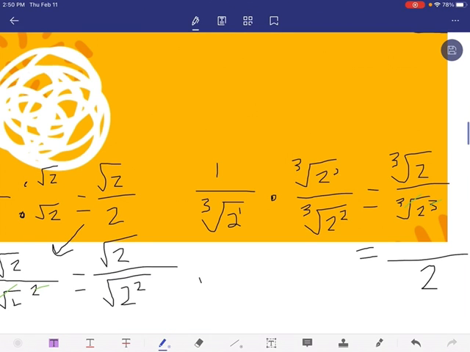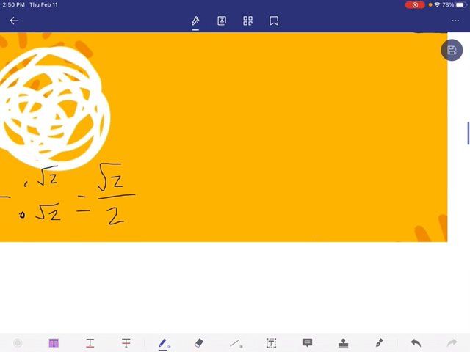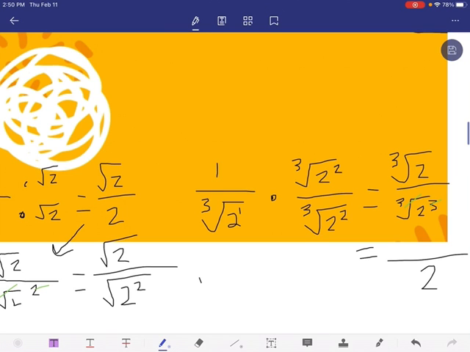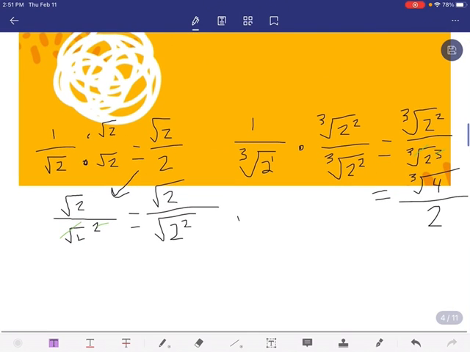But remember that whatever we do to the bottom, we must also do to the top. So we would need to multiply by a 2 squared on the top, which would be the third root of 4.